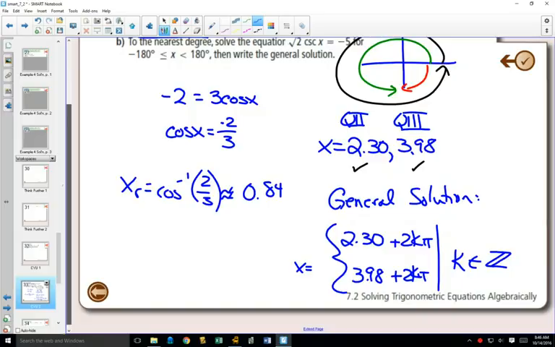So there's question 1. Pretty straightforward calculator question. Need to find your reference angle, need to find out which quadrants it's in. They did have a change of domain, but it didn't affect us in this question.